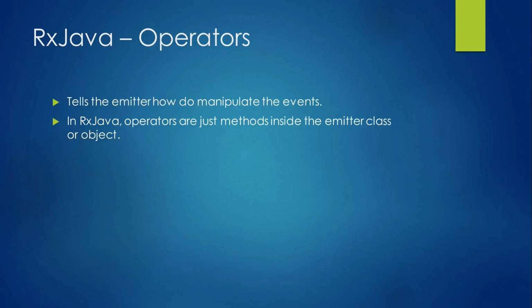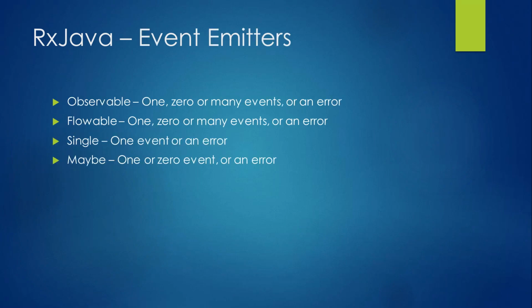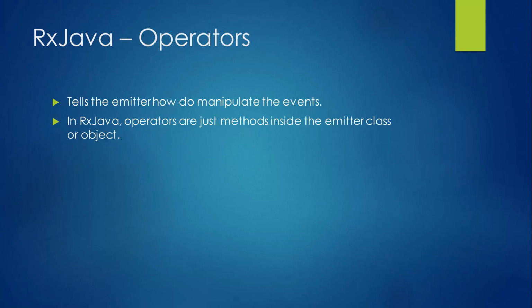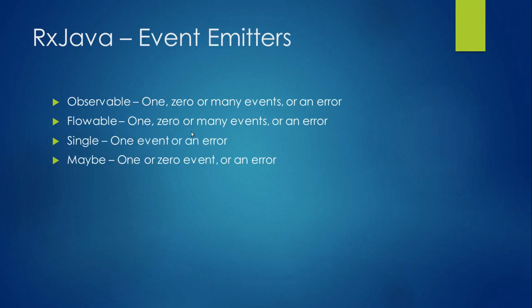So what exactly are operators? Operators tell the emitter how to manipulate the events. Let's imagine we have this tree. We have the Single, and then inside Single we have methods. That's why in RxJava, operators are just methods inside the emitter class or object. Why do I say class or object? Because if you remember, for example, you have the method Single.just.